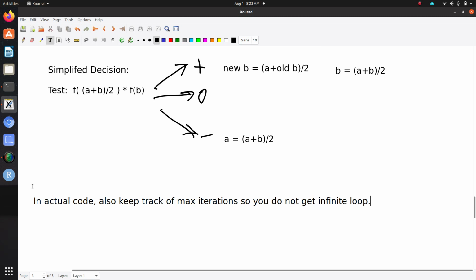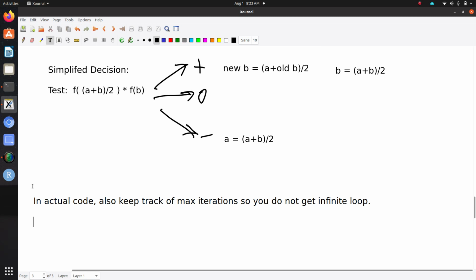It's not as big of a problem with the bisection algorithm, but it could happen, and of course you can just hit Control-C or something to stop it. But it's not a big risk with the bisection method, but we really should get in the habit of always including this kind of thing in your code.